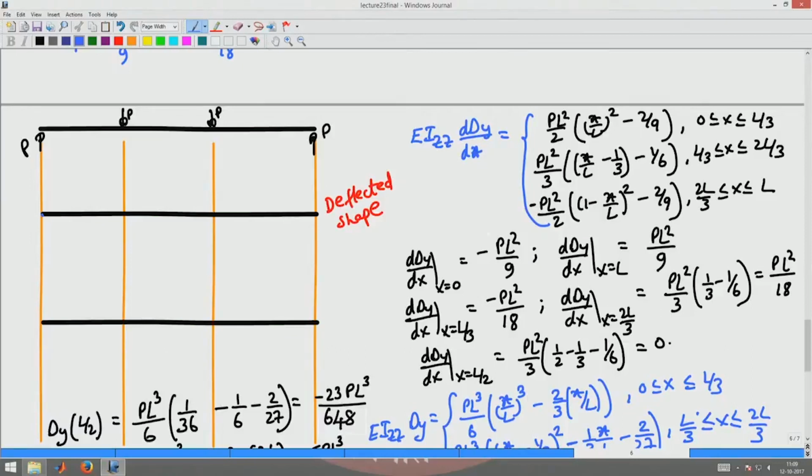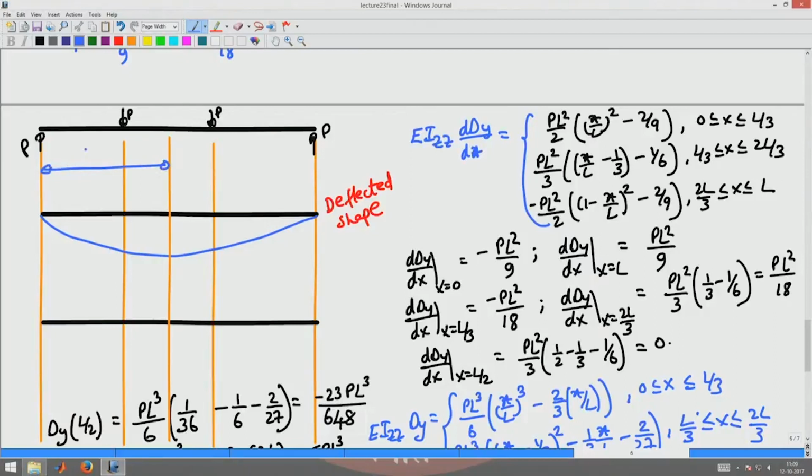So the deflected shape that we get would be of this form, wherein the maximum deflection will occur at L by 2.